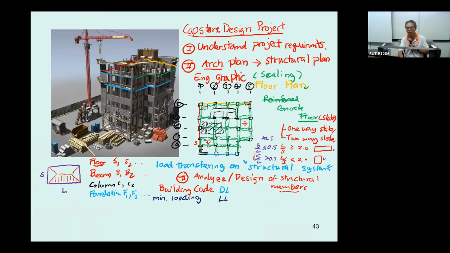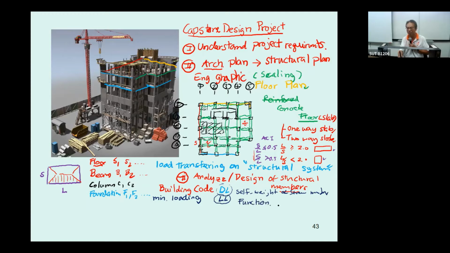You have to follow the building code because the building code is by law, it is an obligation. For the dead load, usually you can compute it by the self weight, for example, the self weight of the structural members: the self weight of the floor, the beam, and the column. However, the live load depends on the function of the building.